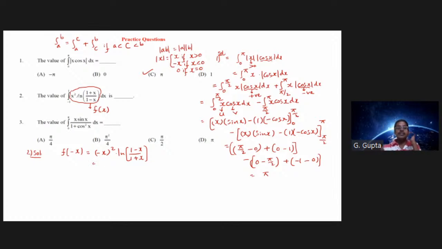So minus x square log of 1 plus x by 1 minus x, since log a by b is equal to minus log b by a. So this is nothing but minus f of x. That means this is an odd function. So the answer is 0, since property 1.